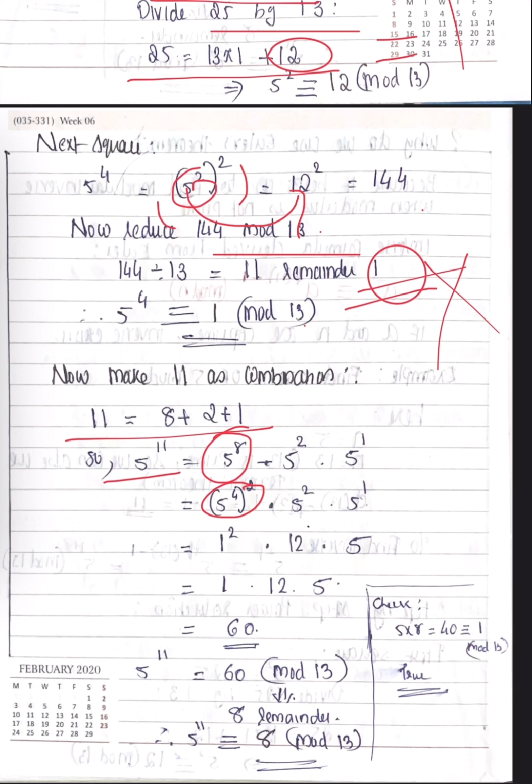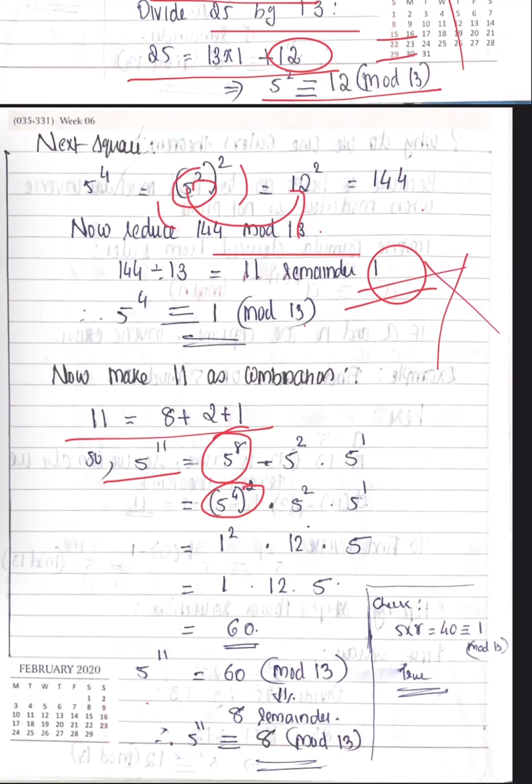So 1 squared, then 5 square equal to, previously 5 square equal to 12. So remainder 12, and 5 raised to 1 equals 5. So then multiply 1 into 12 into 5. So the answer becomes 60. Then 5 raised to 11 is replaced with 60 mod 13.